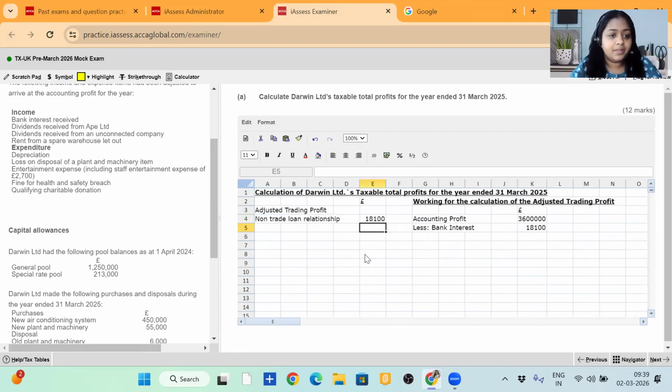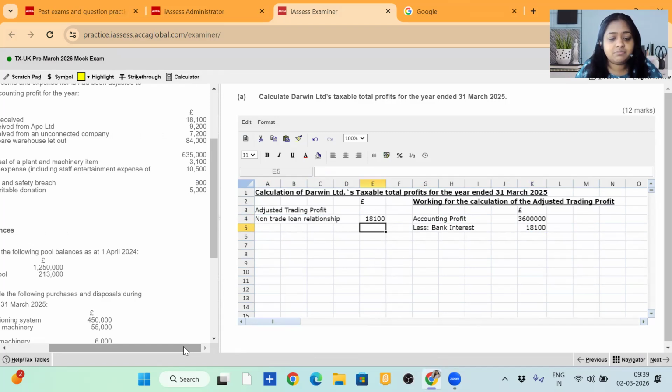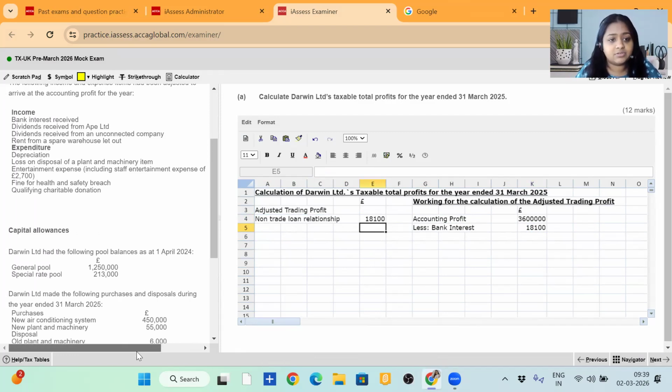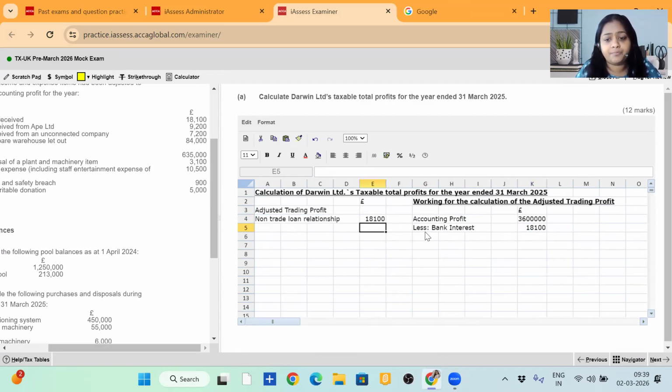Now the next one. Dividend received from Ape Limited. Dividend received is exempt income, it will not be taxed. Dividend received from an unconnected company also will not be taxed. So reduce here dividend income.